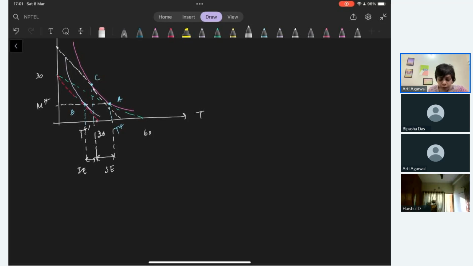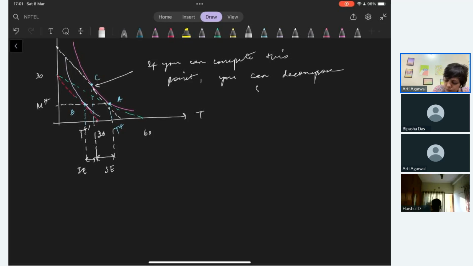We know utility. So if you can compute this intermediate point, you can decompose. What we know is the total effect.